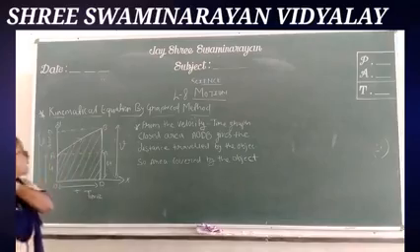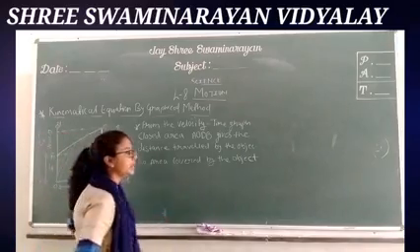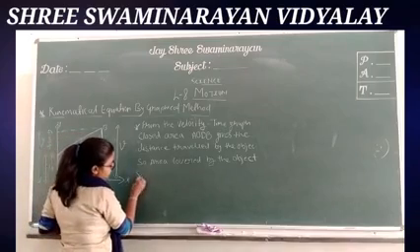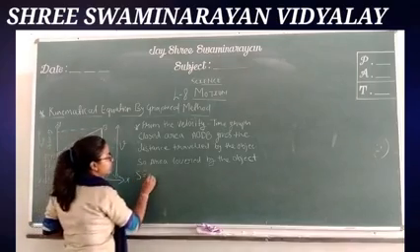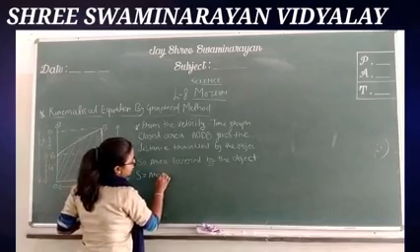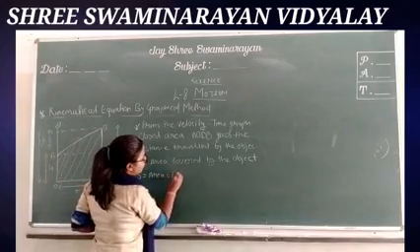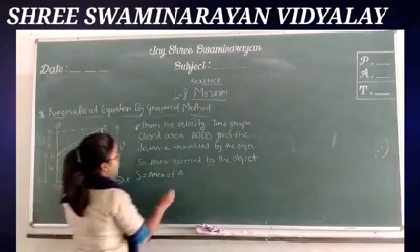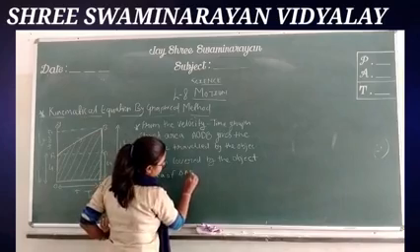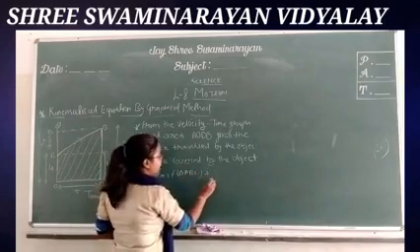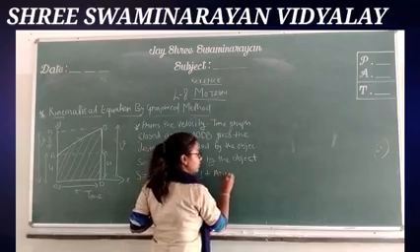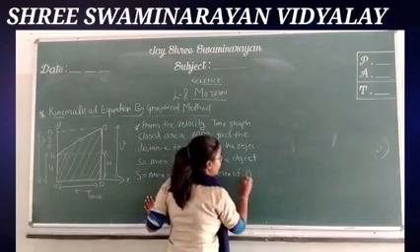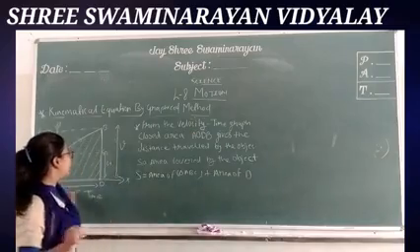So the total area covered by the object will be: distance S is equal to area of triangle ABC plus area of rectangle AODC.